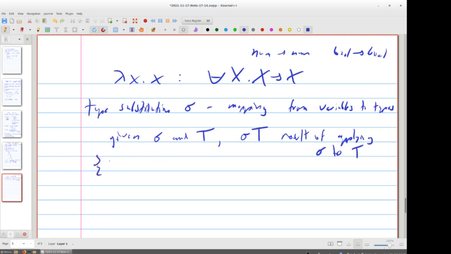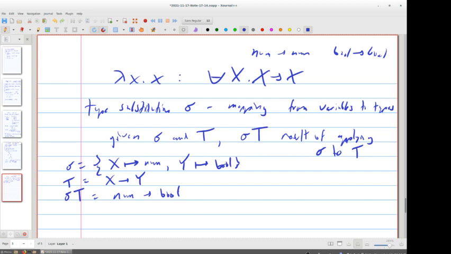We could say, map x to num and y to bool. Suppose that's our sigma. I'm not very good at drawing sigma. And then suppose that t is the type x arrow y. Well, then sigma applied to t will be num arrow bool, right? But these can be kind of complicated.